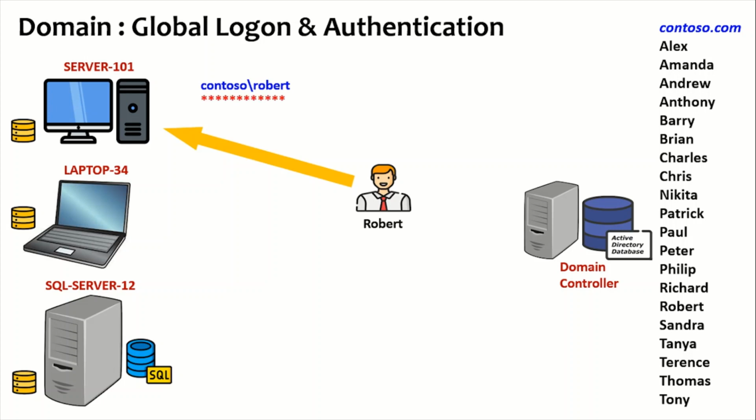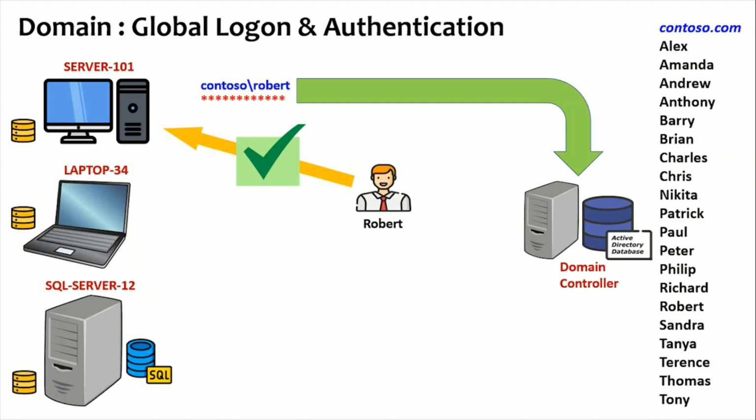So this authentication will come down to our domain controller. Okay, so our domain controller will check in its database if the username and the password is correct or not. So if the username and password is correct, then Robert will be able to log on to server 101.